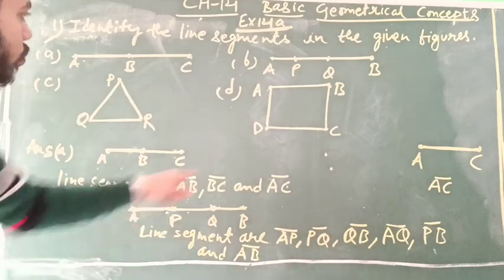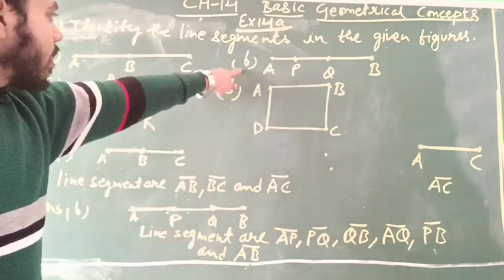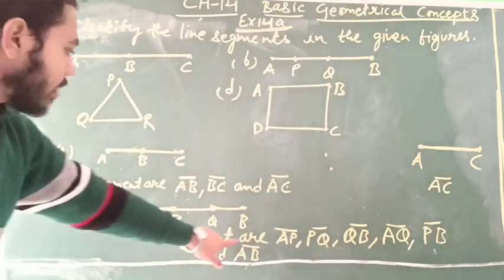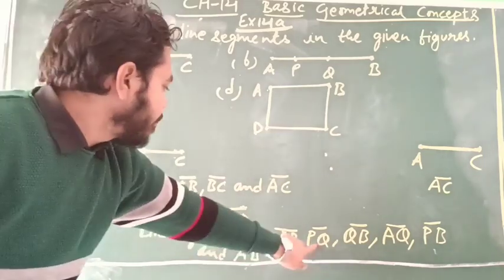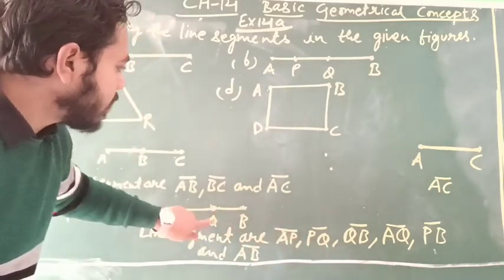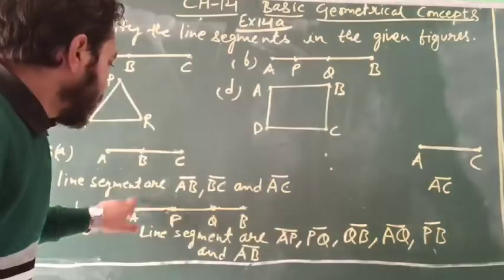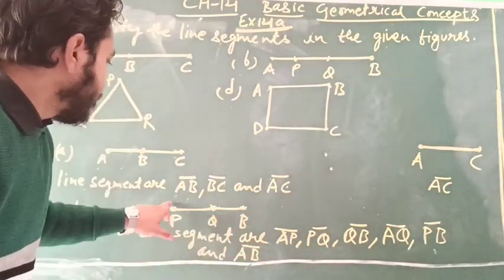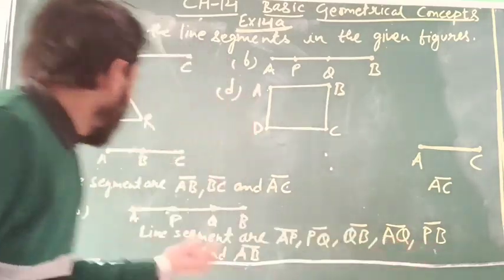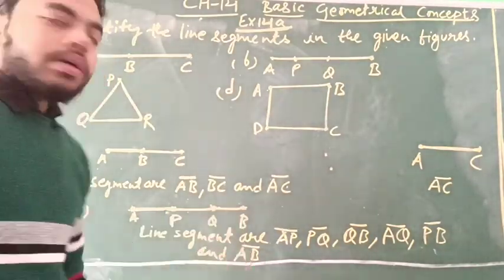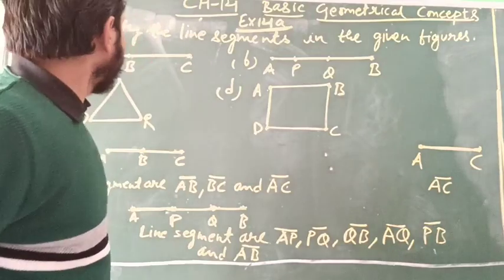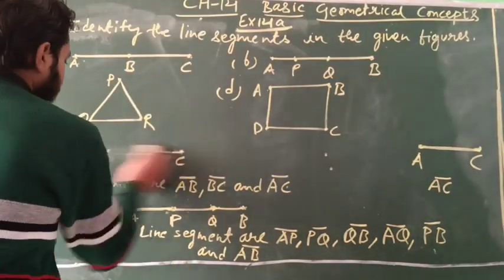In figure B, we see that the line segments are AP, PQ, QB, AQ, and PB, and the last is AB. Now move to question C.